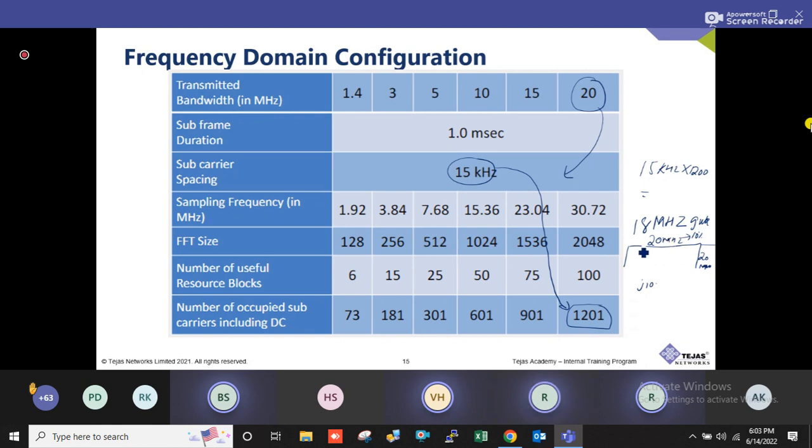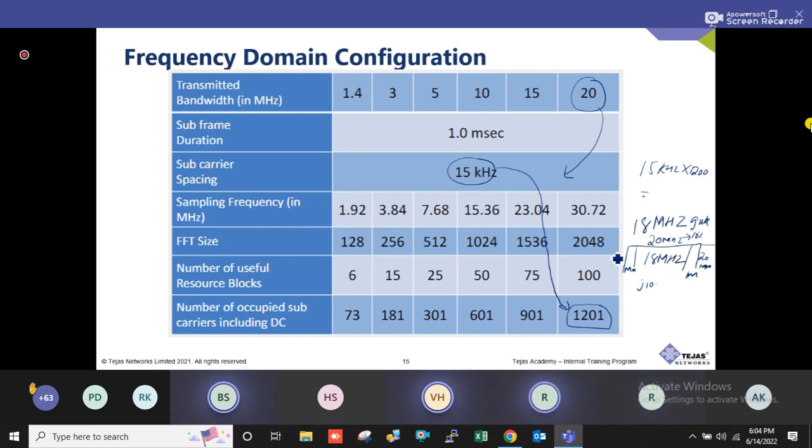To avoid it, LTE clearly specifies 1 megahertz on the upper side and 1 megahertz on the lower side. So totally 2 megahertz. Okay, 10% of 20 megahertz is how much? 2 megahertz. So 2 megahertz is given as a guard period. Actual data rate will go only in 18 megahertz.